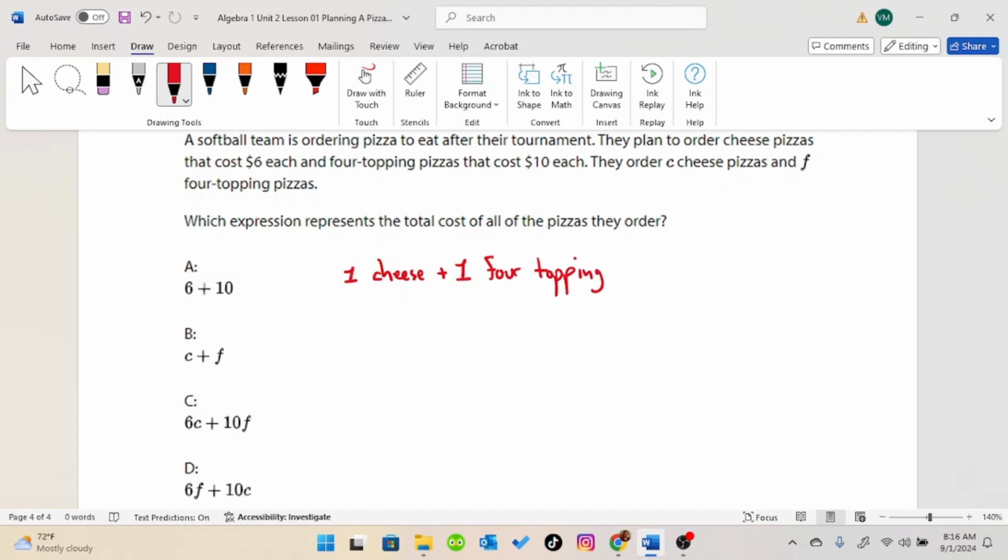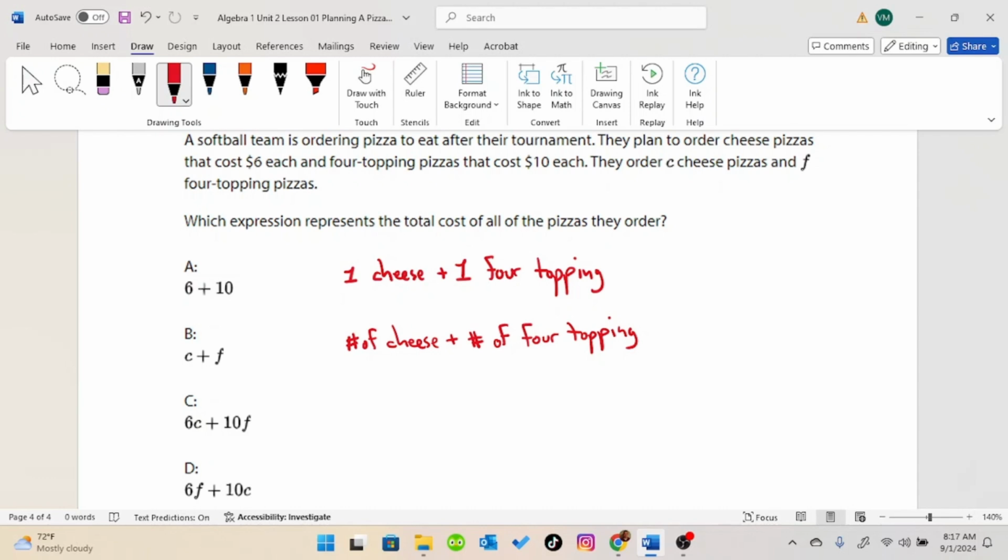B has C plus F. This is number of cheese plus number of 4 topping. So this would tell us the correct total number of pizzas, but not their cost.